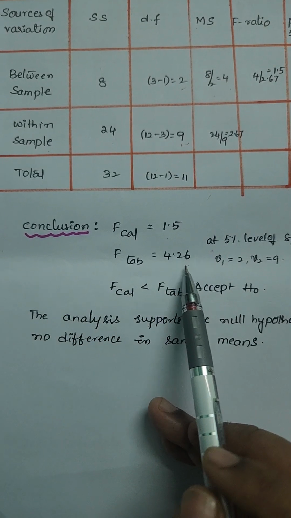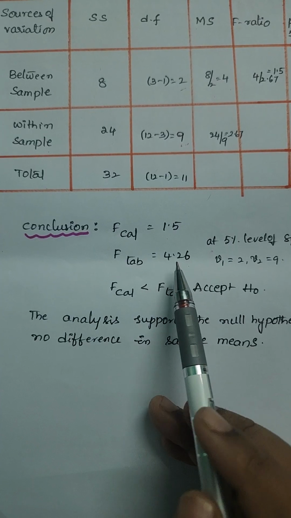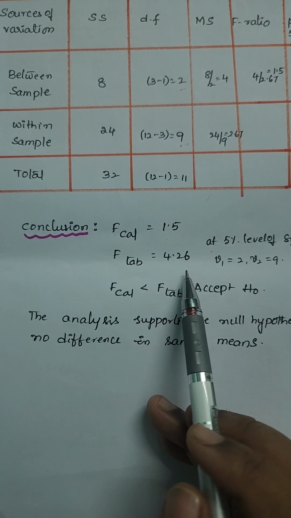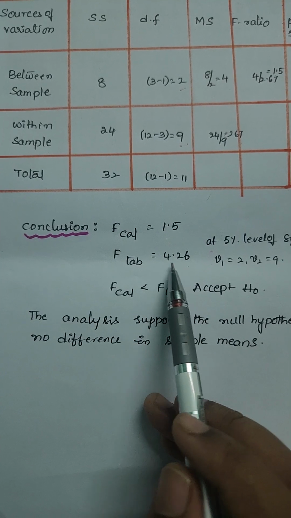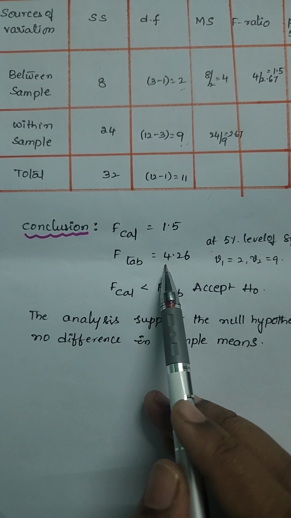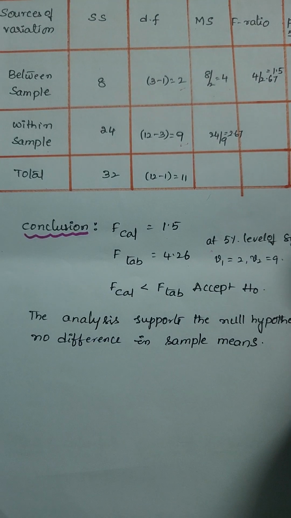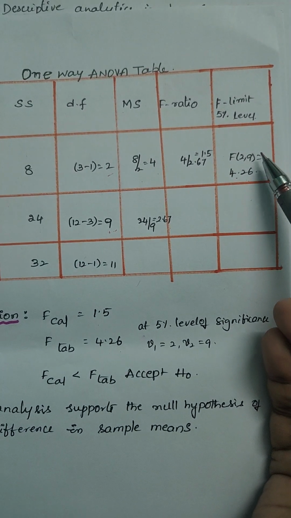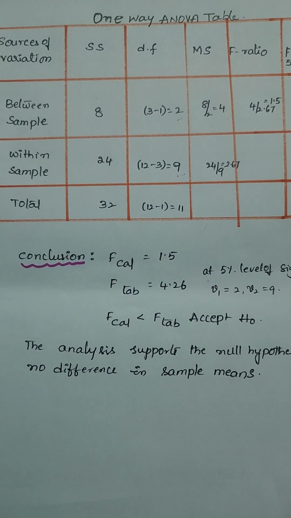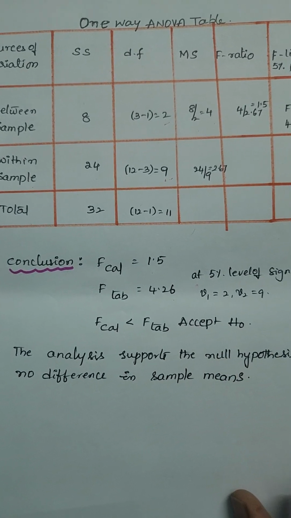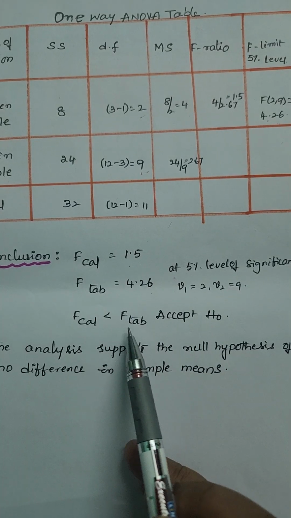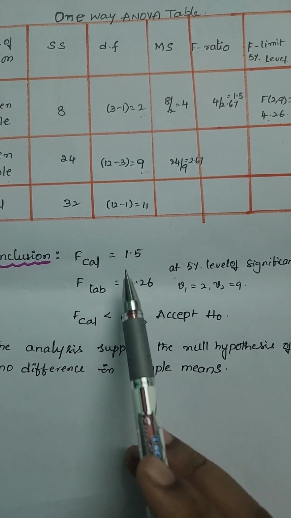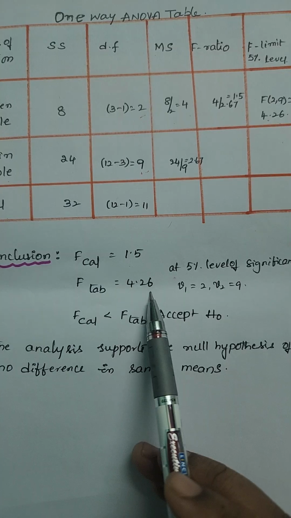How can we get this tabulated value? We have the F standard table on the internet or at the back of your statistics textbook. From that F table at degrees of freedom 2 and 9, the value is 4.26. So here the F calculated value is less than the F tabulated value. 1.5 is less than 4.26.